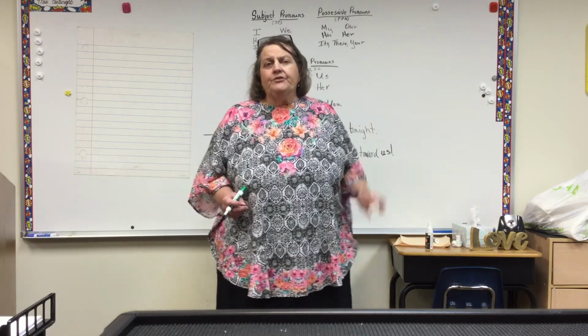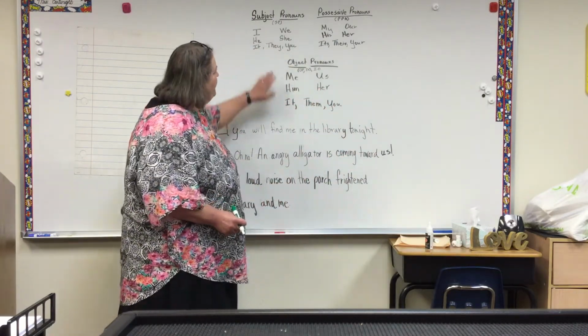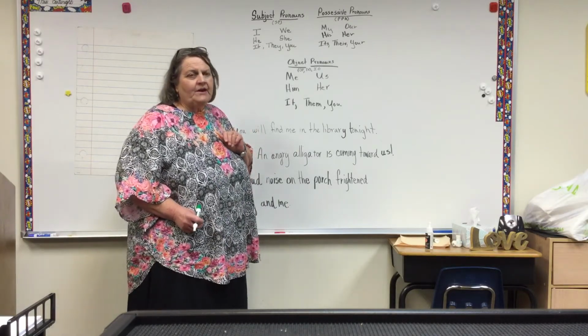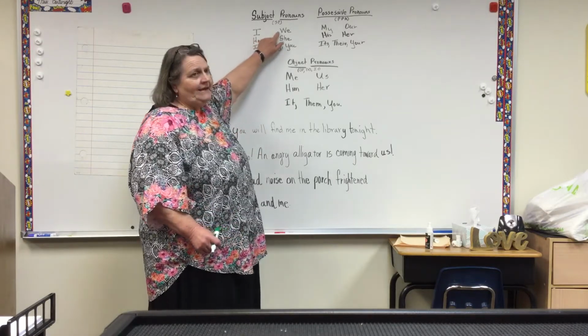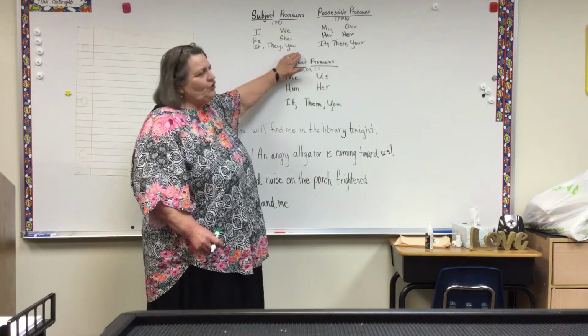We're going to learn the third set of pronouns. Let's just, for review, look up here. We know the subject pronouns that are just subjects, okay? They can only be a subject in a sentence, and that is I and we, he and she, it and they and you.